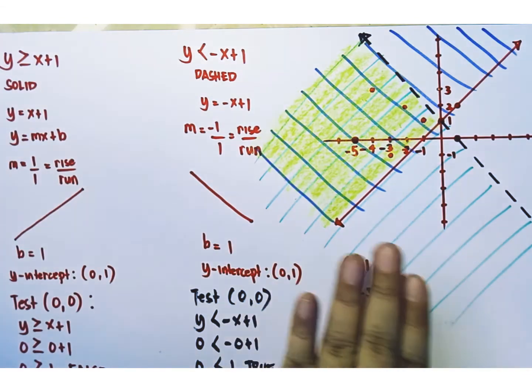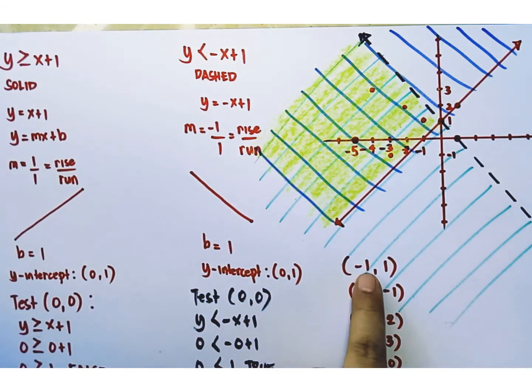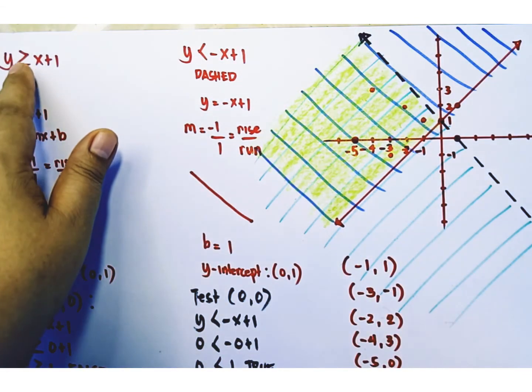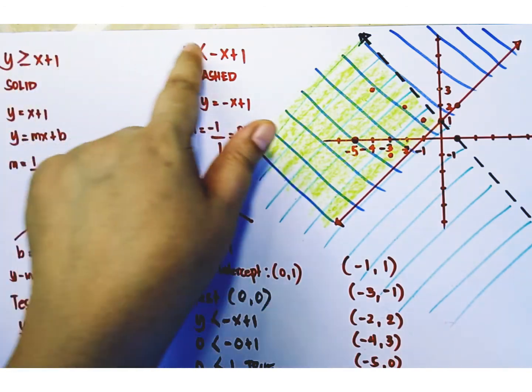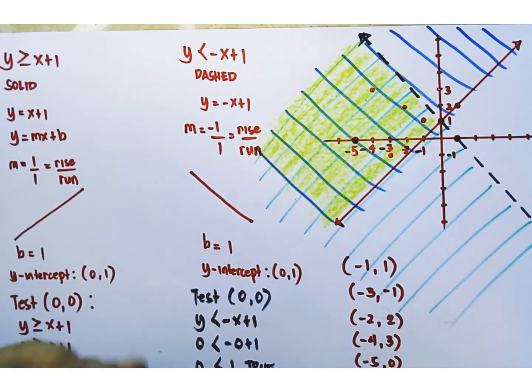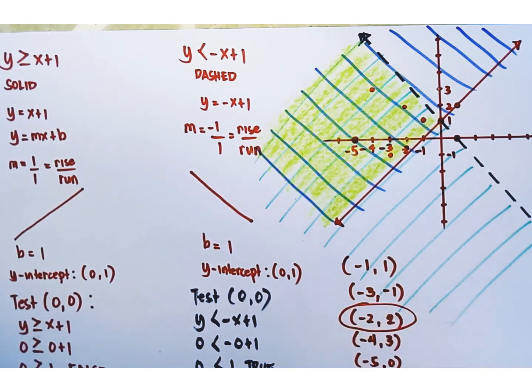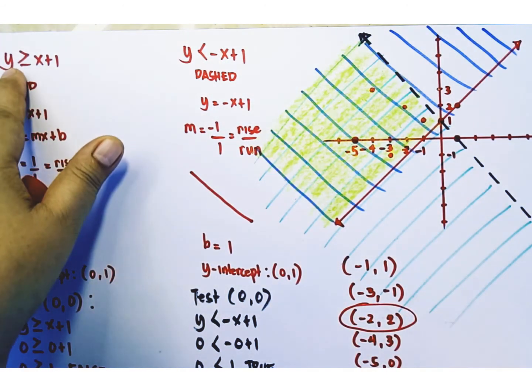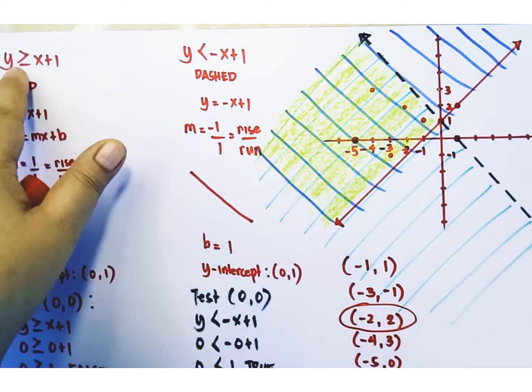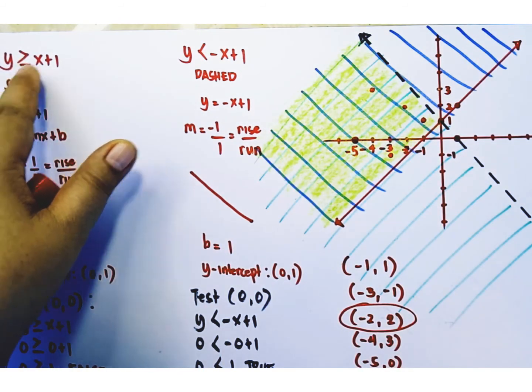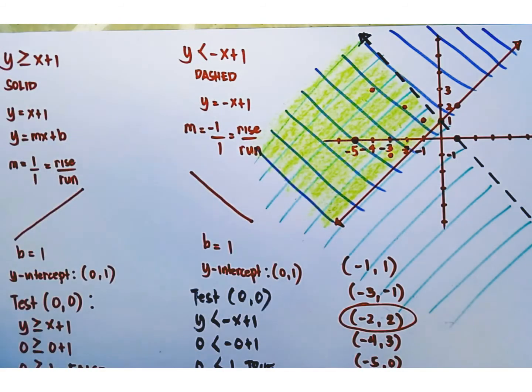You can verify these points by substituting the x and y values into both the inequalities in the system, and you should end up with true statements. Let's verify one of the 5 points. How about -2 and 2? Let's check if this point satisfies both the inequalities in the system.